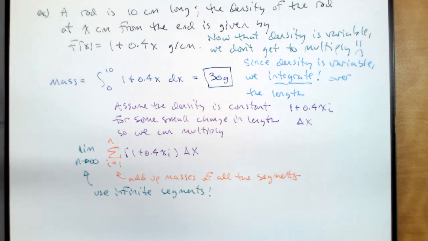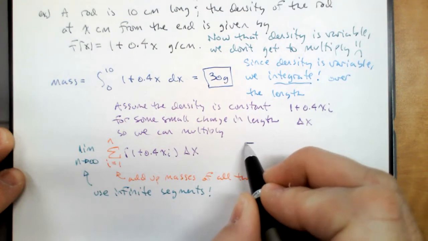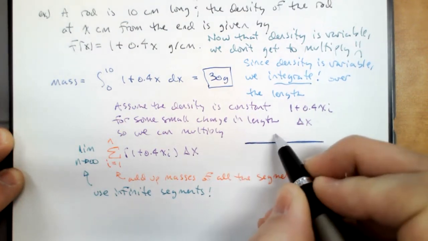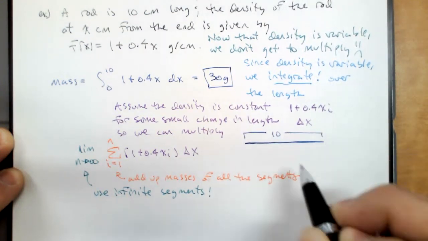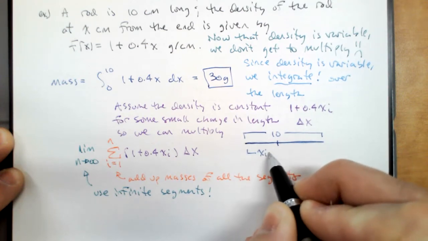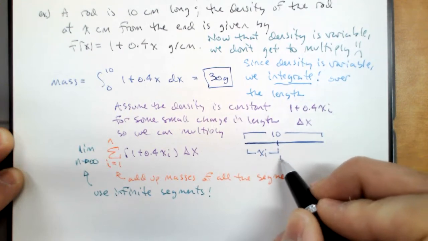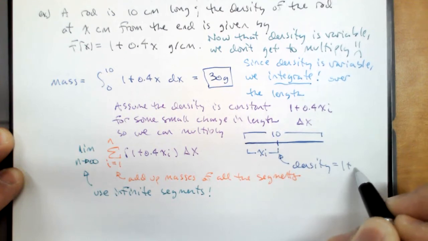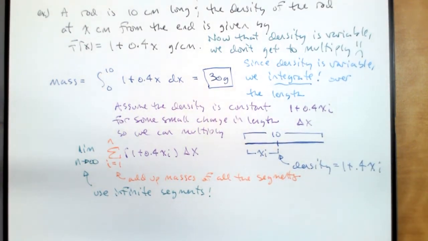A picture of what's going on in this rod is we're imagining our rod that's 10 centimeters long. And at a point, xi units from one end of the rod, there's our density of 1 plus 0.4 xi.